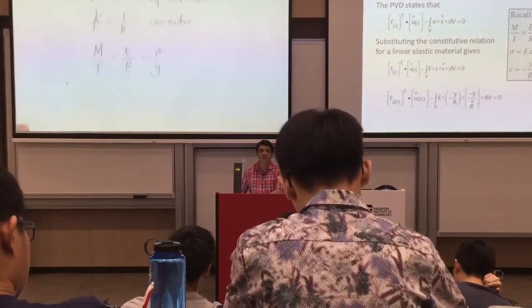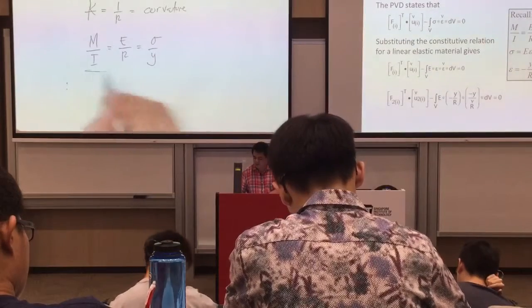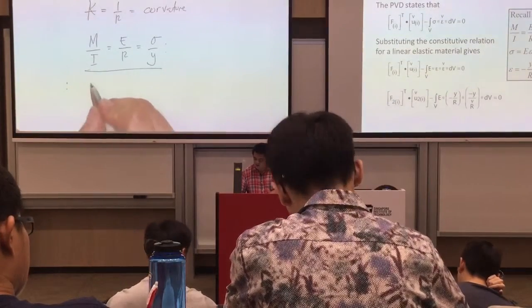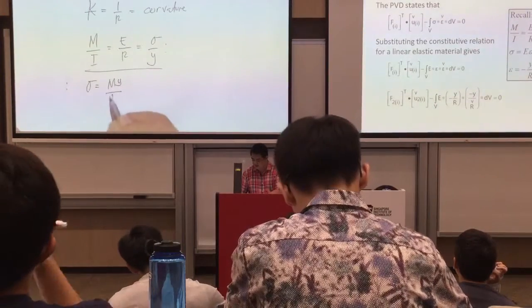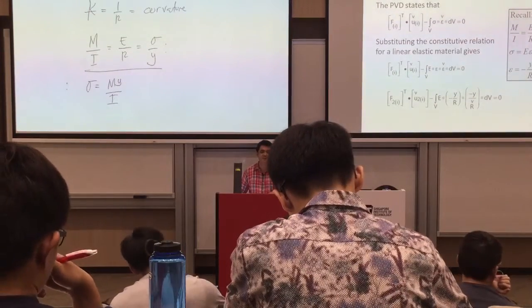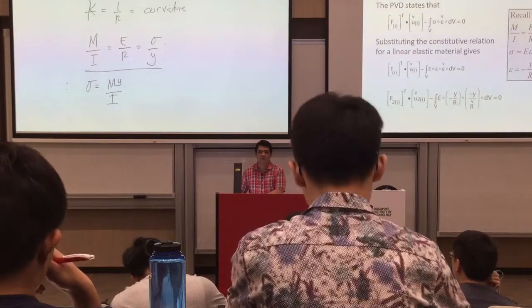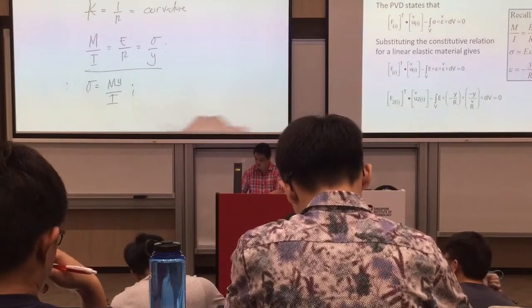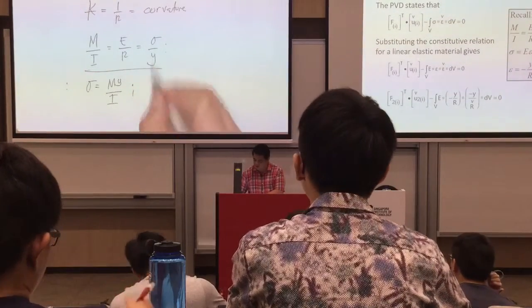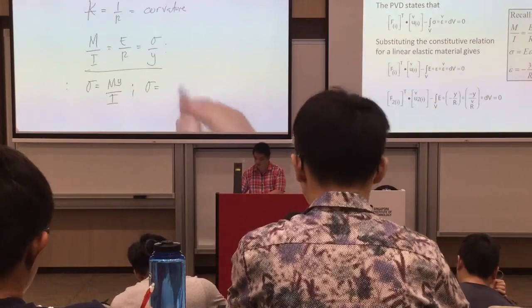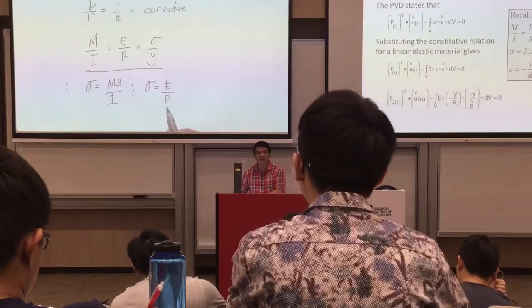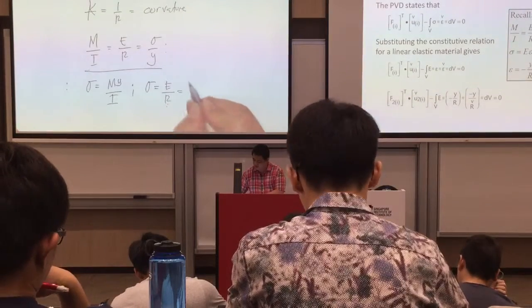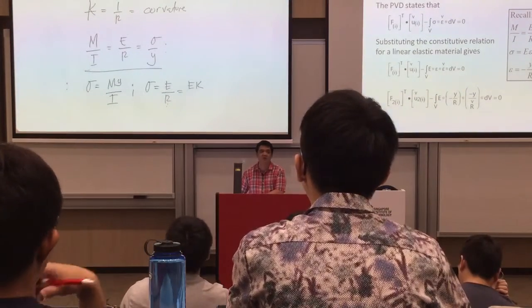This one is a very classic equation for a beam, wherein if you want to determine your stress for beam bending, you have My over I. If you want your constitutive equation, that is sigma equal to E divided by R, but this is the inverse of K, so this is E multiplied by your curvature K.